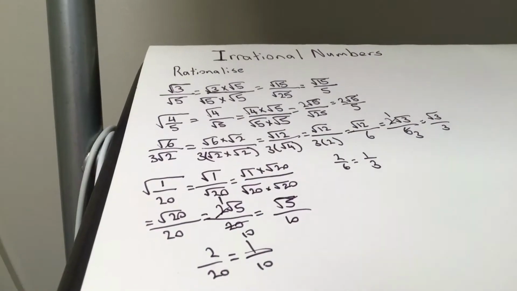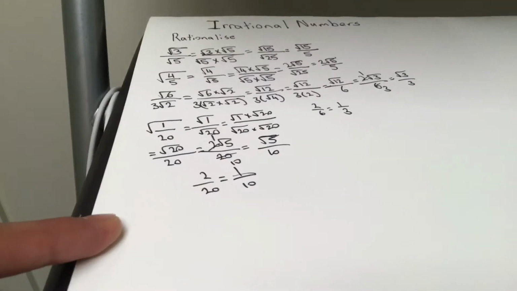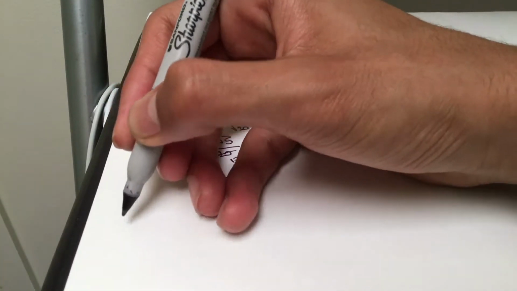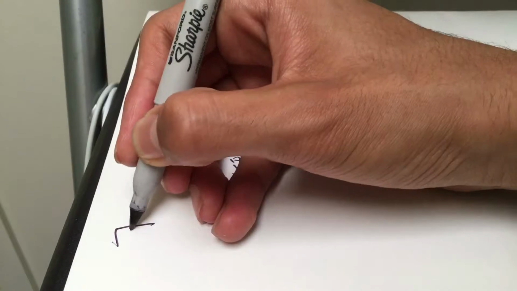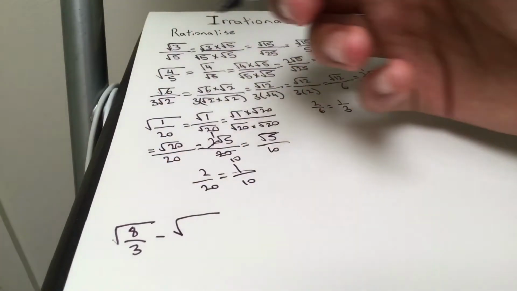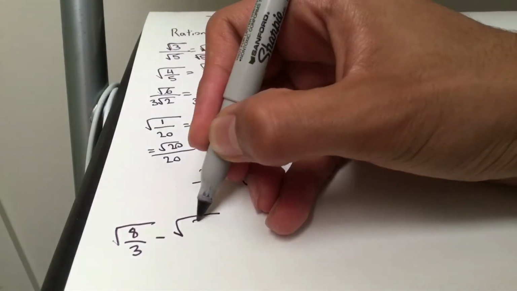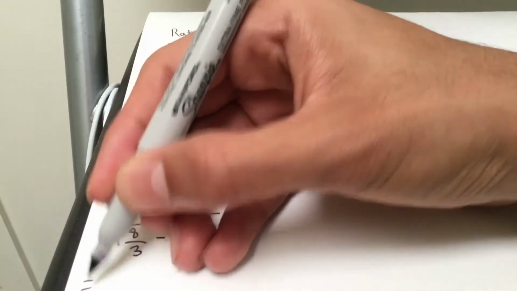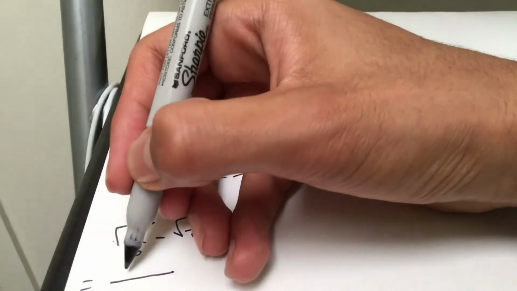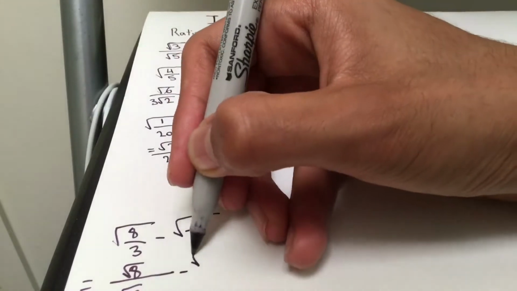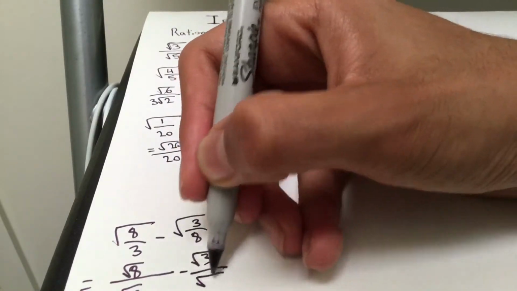Okay, so now let's move on to another question. This will be a much more challenging question. So let's do square root 8 over 3 minus square root 3 over 8. We can rewrite it as square root 8 over square root 3 minus square root 3 over square root 8.